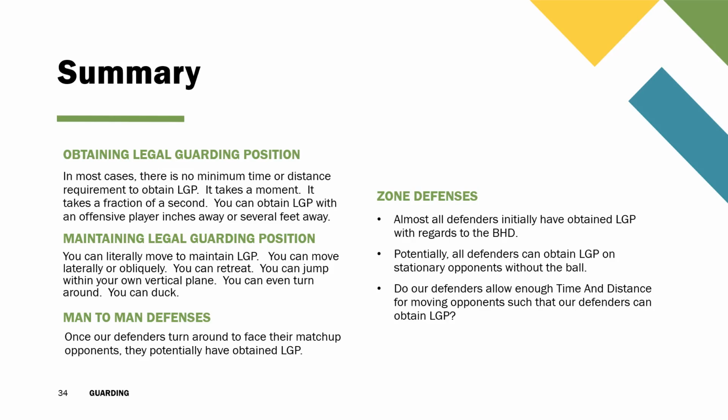Again, obtaining legal guarding position doesn't change as far as obtaining it and maintaining it. Understand that in both defenses, almost all defenders initially will have attained legal guarding position. That's why it's important for officials, especially, to referee the defense, because we have more instances where legal guarding position has been obtained than one might think.